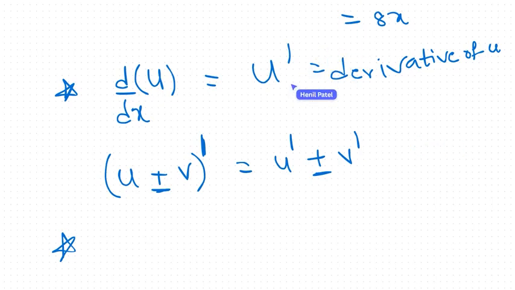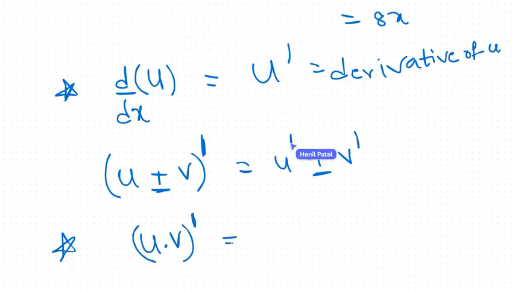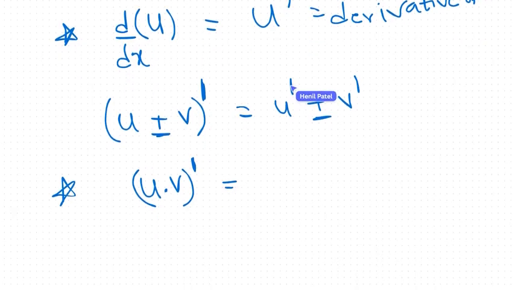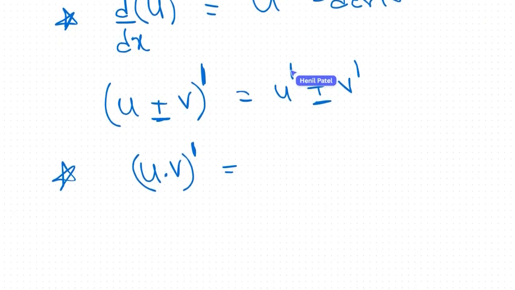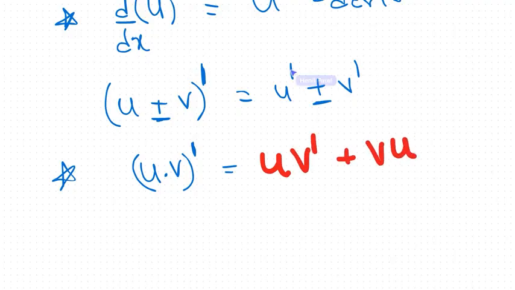Okay. But for product, it's a bit different. So let's say u into v. Differentiation means there is a pattern which is u into v dash plus v into u dash. You pick one function and then take the derivative of the rest.